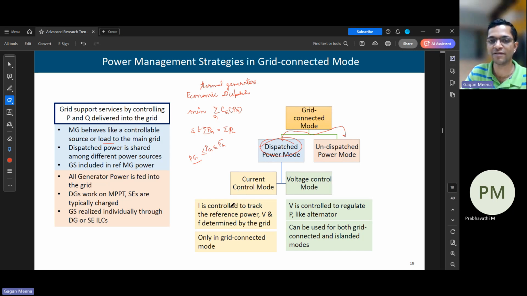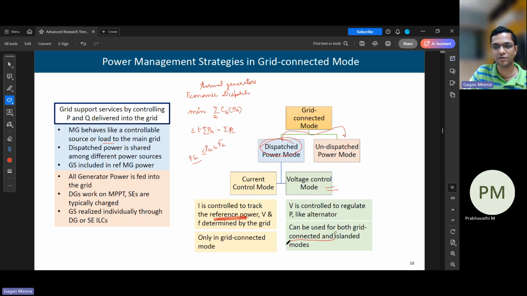It will be controlled to track the reference power. And then in the voltage control mode, they cannot operate in MPPT. They will have to control the voltage like a synchronous generator. And this can be used in both grid connected as well as islanded mode.